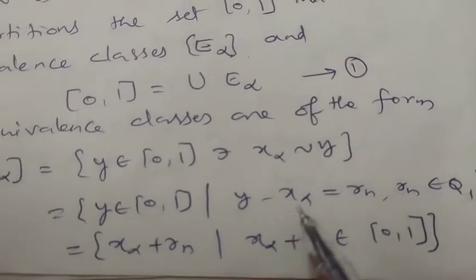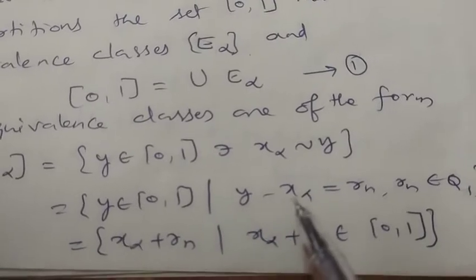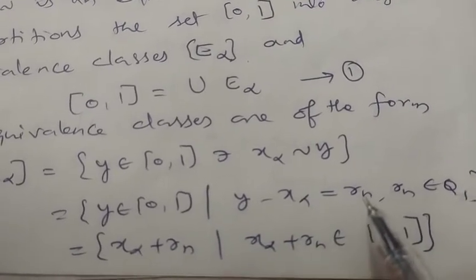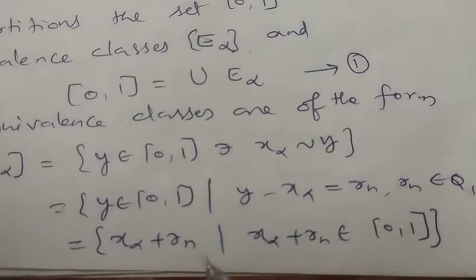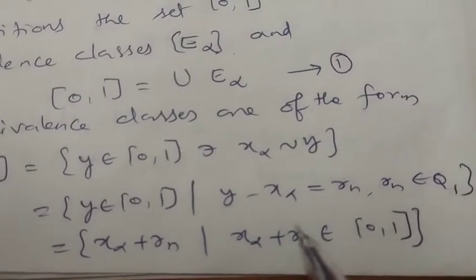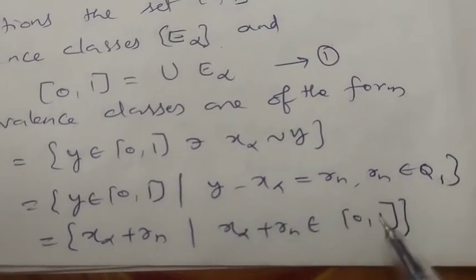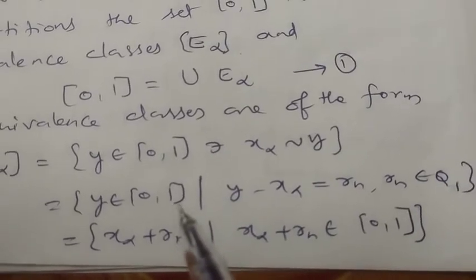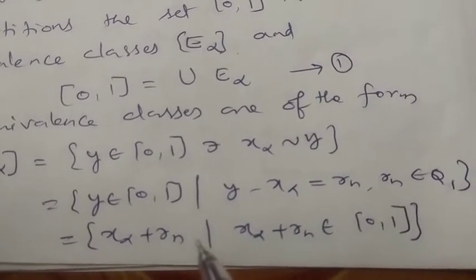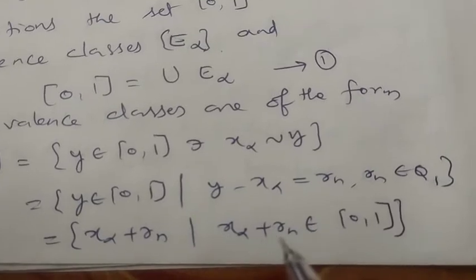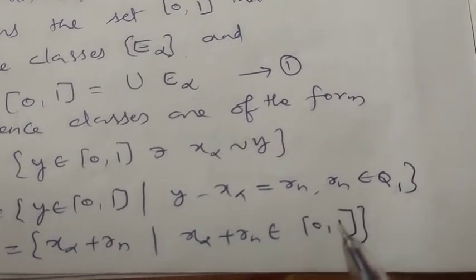In other words, y can be written as x alpha plus Rn, so E alpha is the set of all x alpha plus Rn, where x alpha plus Rn belongs to [0, 1].